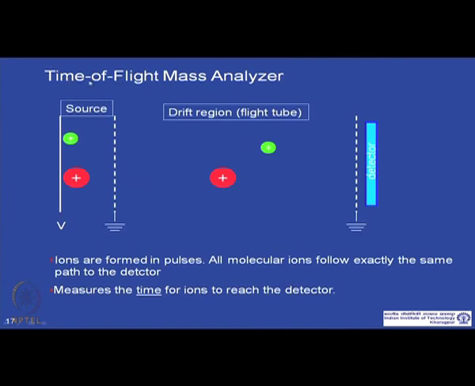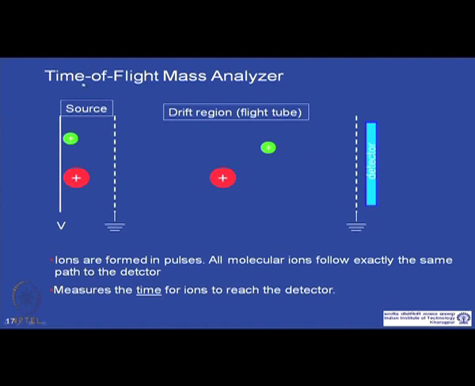Let us talk about the mass analyzer, the time of flight mass analyzer. This is the source for the mass spectrometry, where the matrix is vaporized and polymers are ionized, and then they are taken to the detector.